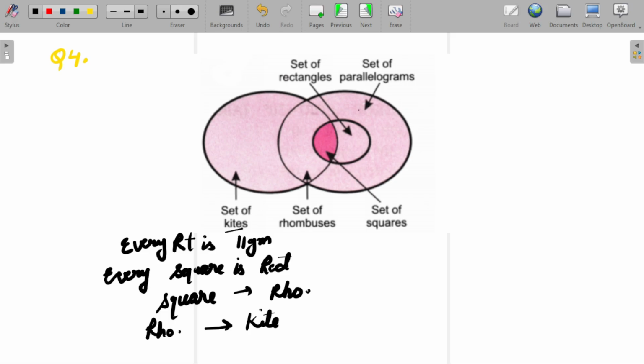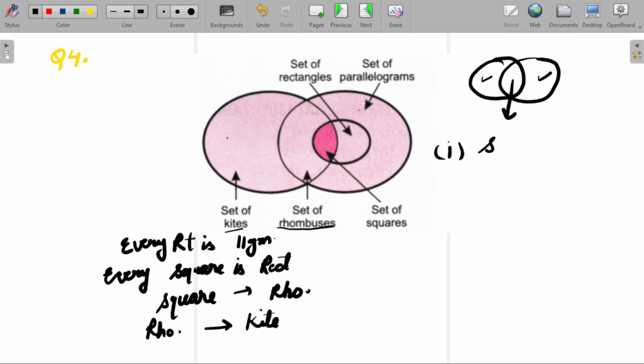These are parallelograms and these are kites. So the common area, through the Venn diagram, when we have two things intersecting, this area is showing that it has both the properties. So here, the set of rhombuses according to the Venn diagram. The answer of one is the set of rhombuses.